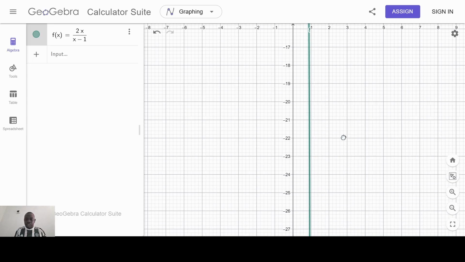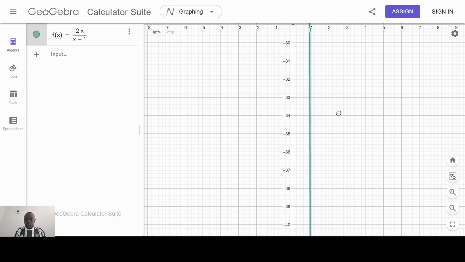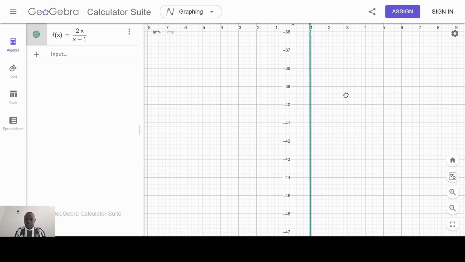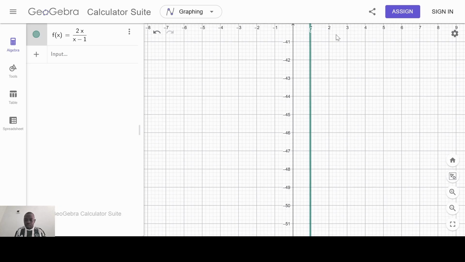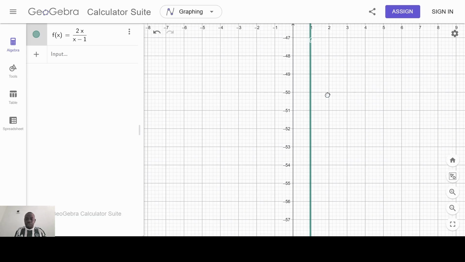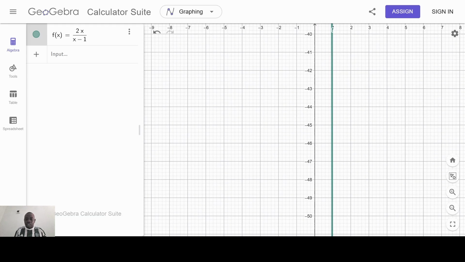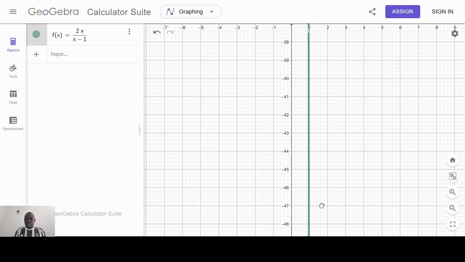The curve is not touching at all. Even if you extend the values, so here the x values have been extended, let's try to go down and down and see, this is now negative 43, just close to the line. It's not touching. It doesn't touch or cut, because at that line x equal to 1, the function is undefined.